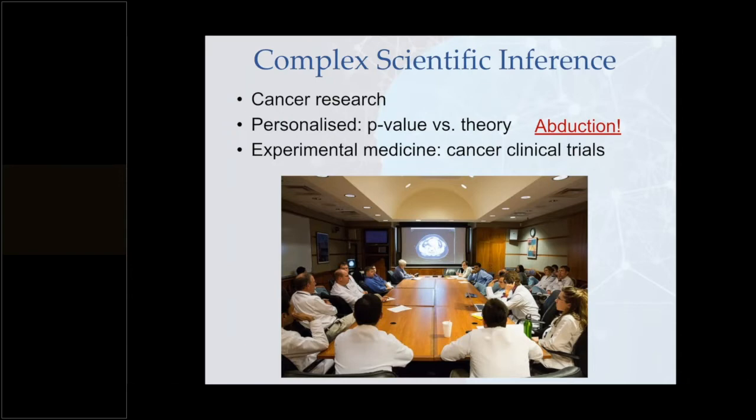So the motivational scenario that we have is highly motivated by what we also observe with one of our hats related to cancer research, which is somehow a collapse, a certain crisis in terms of the scientific inference process that we have in the context of personalized medicine, for example.